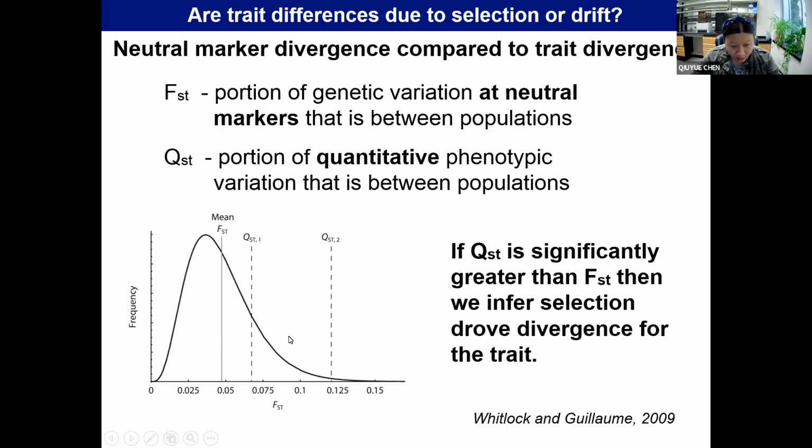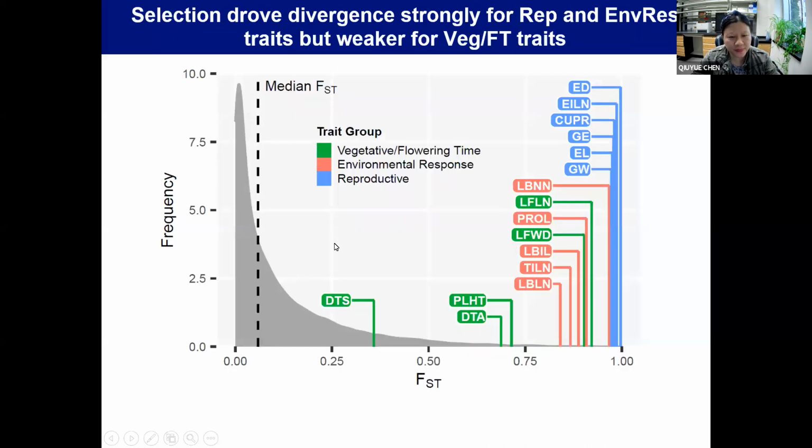If the QST is significantly greater than FST, then we infer that selection drove divergence for the traits. Our results show that selection drove divergence strongly for the reproductive traits and also environmental response traits, but weaker for the vegetative or flowering time traits.